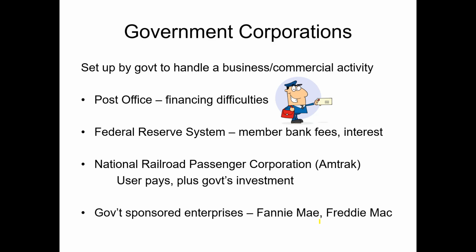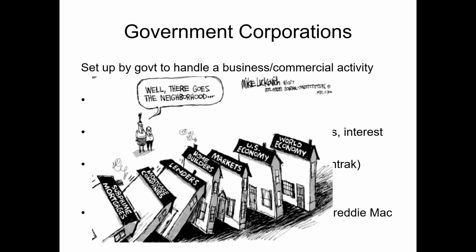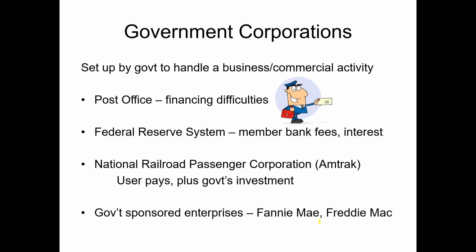Now, in the 2008 recession, they were caught up in the subprime mortgage crisis and kind of lost their independence for a bit, but they have recovered from that and are now back in the GSE game as far as providing lower interest loans to people to get into homes. So those are the primary examples of government corporations that are set up to handle their own business, kind of like regulated monopolies in a way.